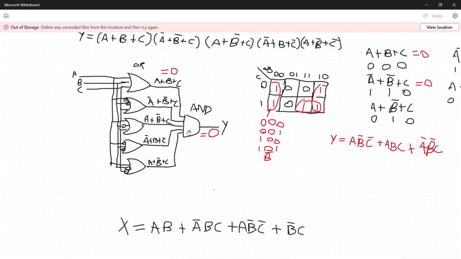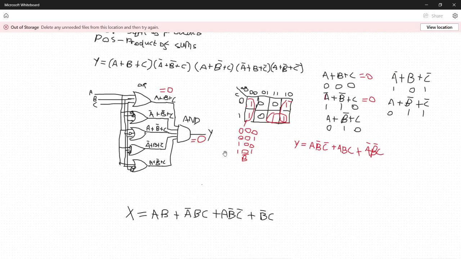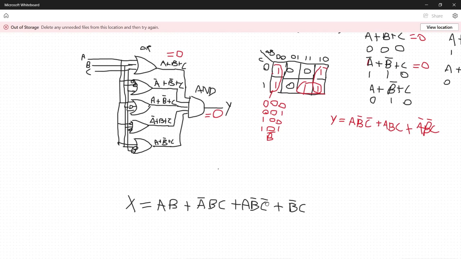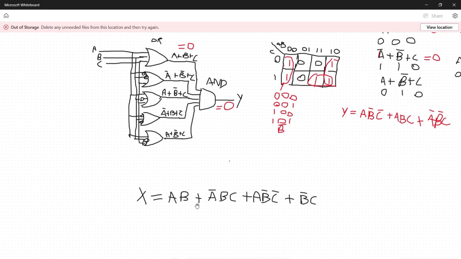Unlike the AND, for the OR, these first 4 lines could all be 0, but if this last line is 1, then the output's going to be 1. Unlike an AND gate where these 4 lines could be 1 and that last line is 0. So the second we get a 1 in any of these expressions, we are going to get a 1 output.